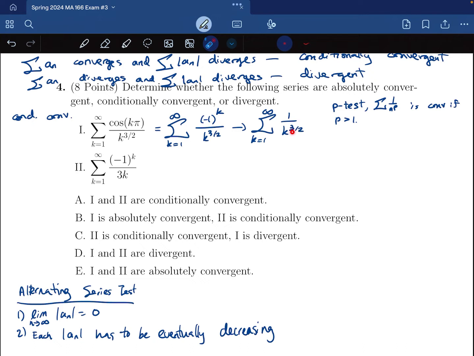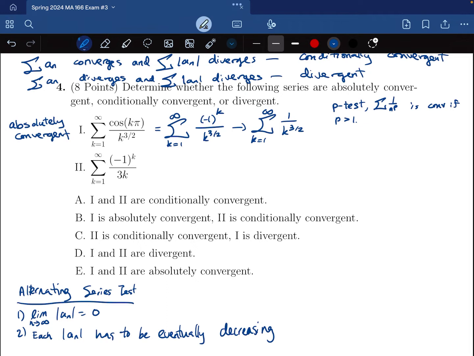So this series converges via the p-test, meaning that this series is absolutely convergent. So this series is absolutely convergent because this series converges and this one does as well. Okay, so we can say series 1 is absolutely convergent.